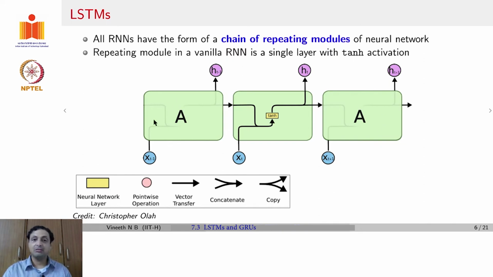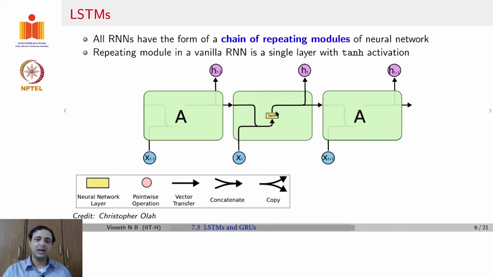In this diagram, you have an input x_{t-1} at time t-1, x_t at time t, and x_{t+1} at time t+1. And what you see here is a single neural network layer which has a tanh activation function, and the input at a particular time step x_t as well as h_{t-1}, which is the output of the previous RNN block, is provided as input.